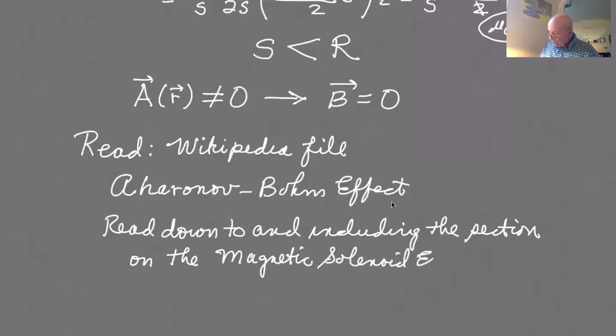Now, this is probably one of the most important discoveries in quantum mechanics of the 20th century. So please go off and read that. It should be not only legible but comprehended.